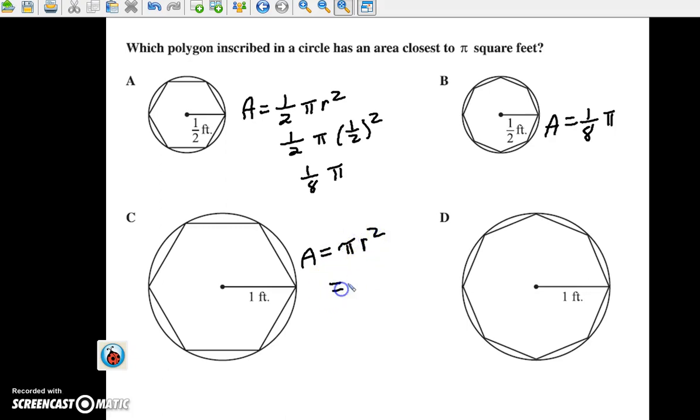Our radius is 1, so that's pi times 1 squared, which is pi. So the area of the circle is pi. The hexagon is close to that area. Well, this circle has the same radius, but we have, again, an octagon instead of a hexagon. Because this octagon has less space in here, it is closer to the area of the circle than the hexagon is. So the correct answer, which one has the area closest to pi square feet, would be answer choice D.